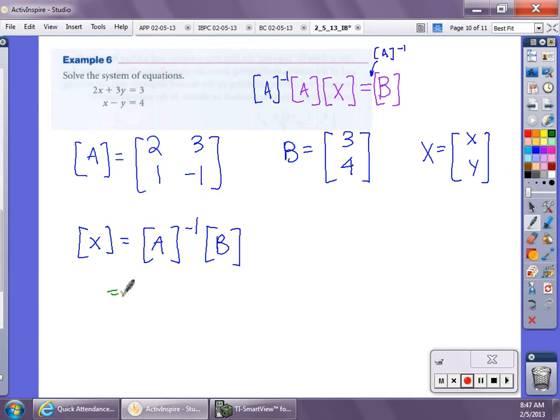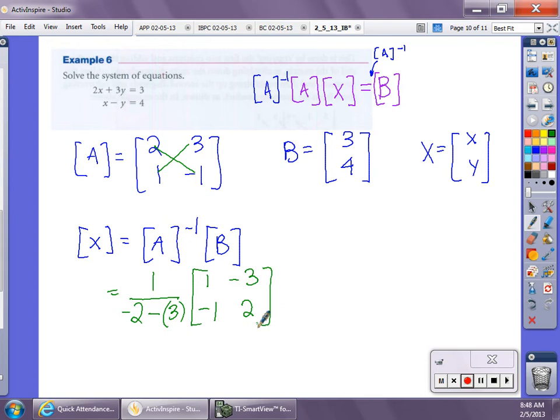The inverse of A, so here's A, would be 1 over the determinant. The determinant is multiply these two: 2 times negative 1, which is negative 2, subtracted by 3 times 1. To physically make the inverse, we switch the location of A and D, so 1 and 2, and then the other two numbers, you just make them negative.